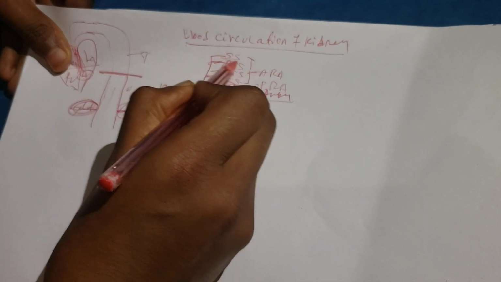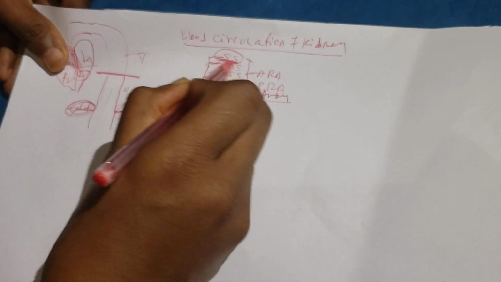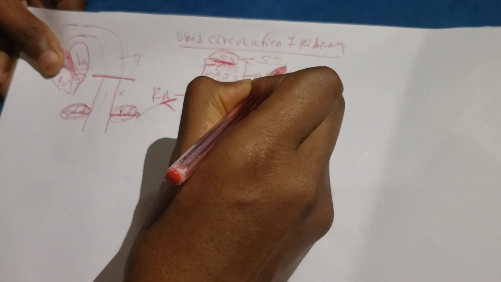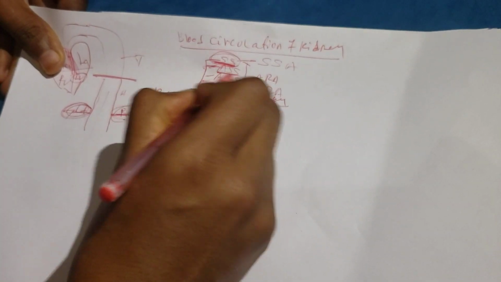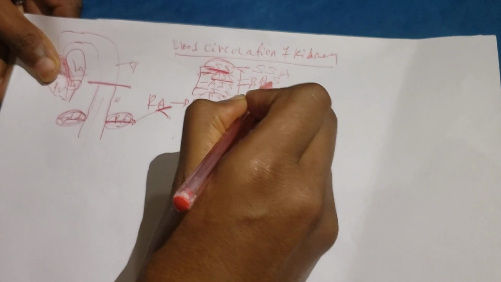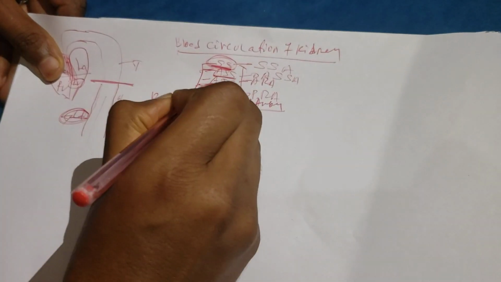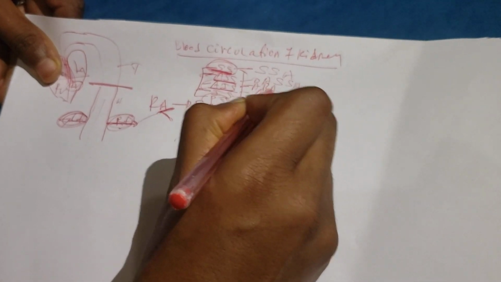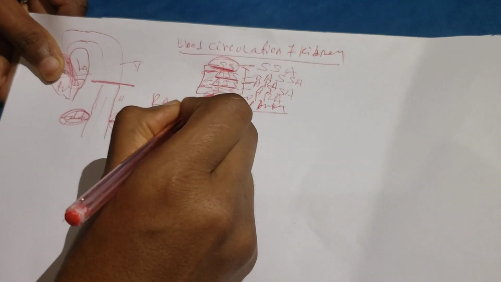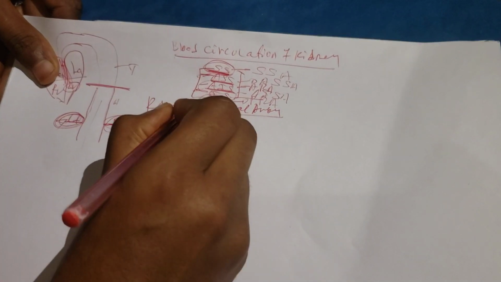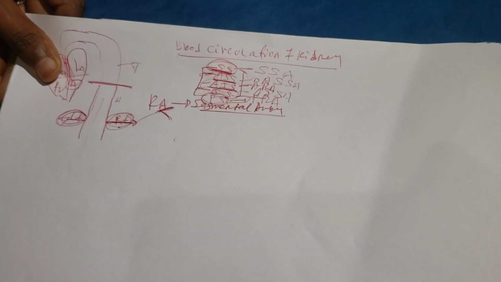The superior or apical segment is supplied by the superior segmental artery, and the anterior superior segment is supplied by the anterior superior segmental artery. The anterior inferior segment is supplied by the anterior inferior segmental artery, the inferior segment by the inferior segmental artery, and the posterior segment by the posterior segmental artery.